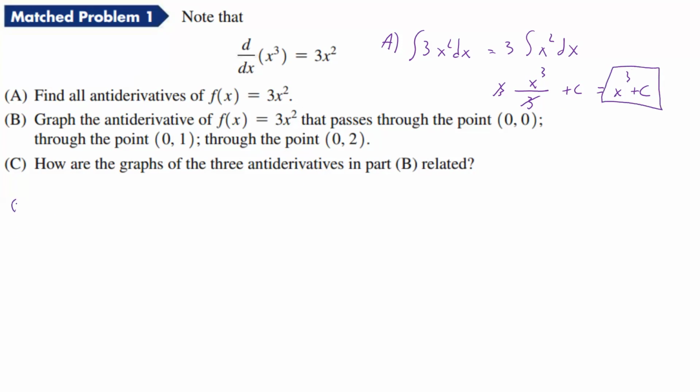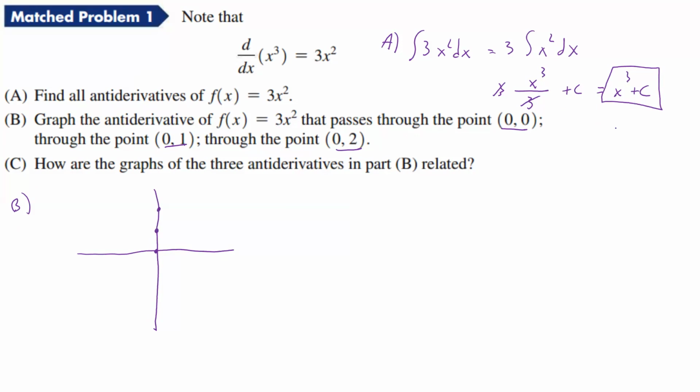Now B, what does this say? It says graph the antiderivative of f of x equals 3x squared that passes through the points 0, 0, 0, 1, and 0, 2. With my drawing of functions here, this ought to be a good one. So we know we're going to go through 0, 0, 0, 1, and 0, 2.